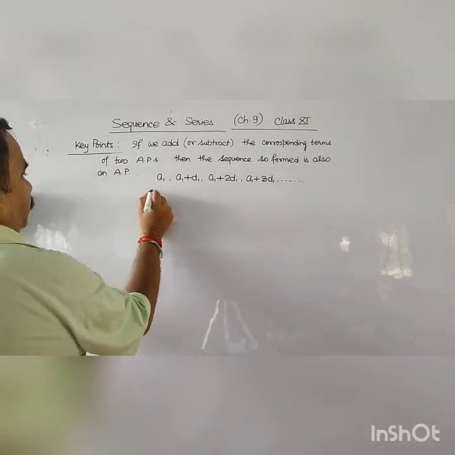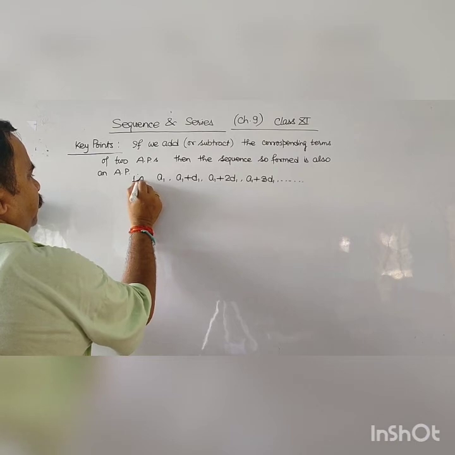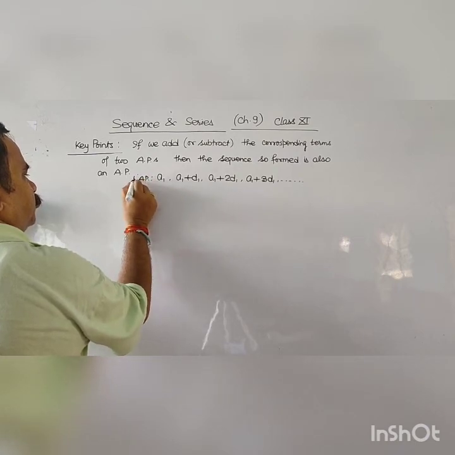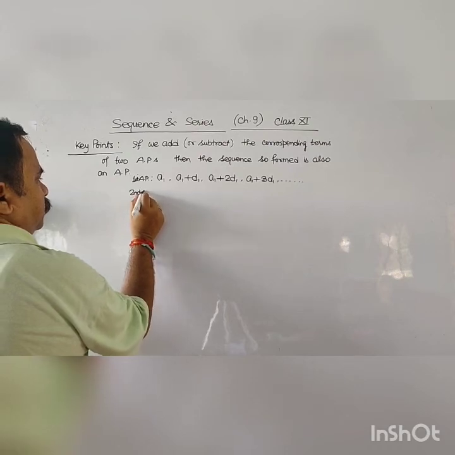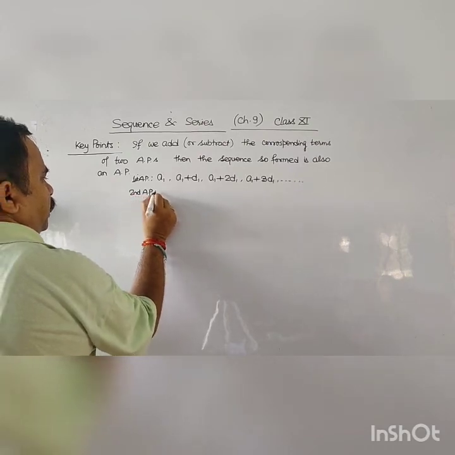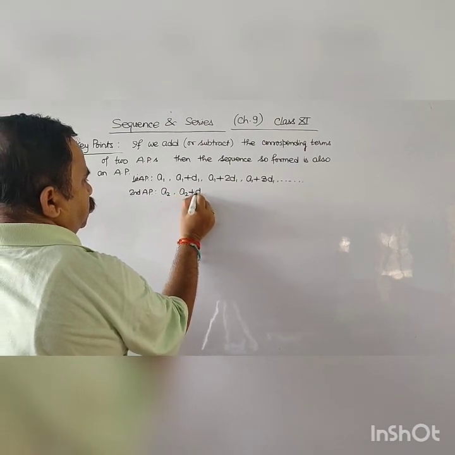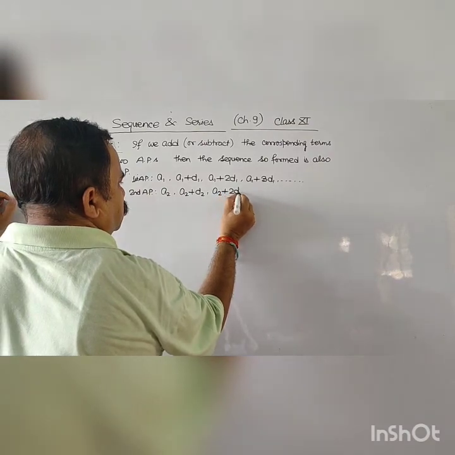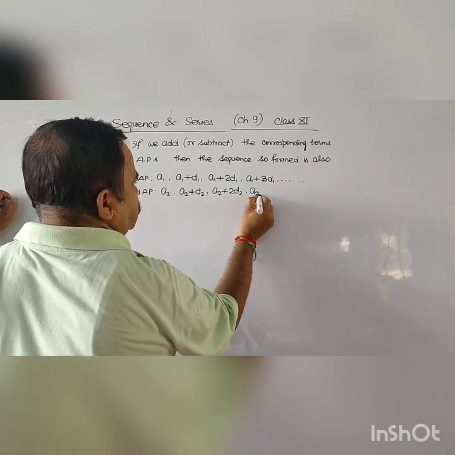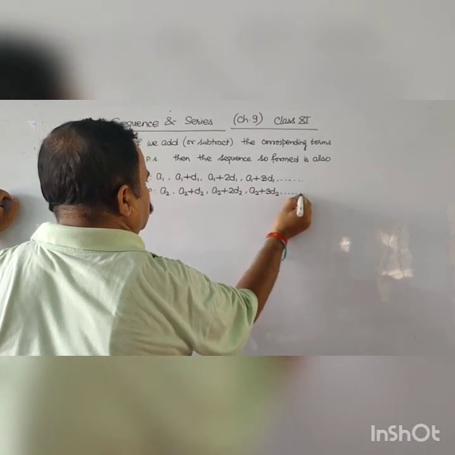And the second AP is A2, A2 plus D2, A2 plus 2D2, A2 plus 3D2, and so on.